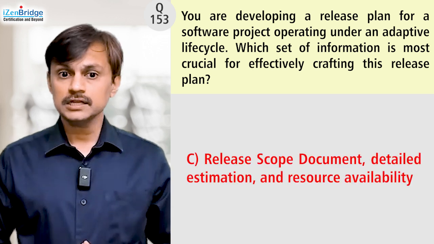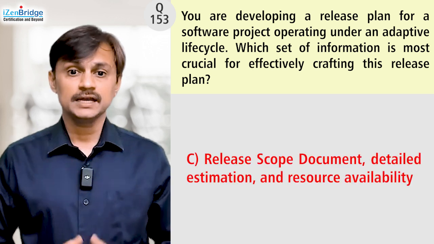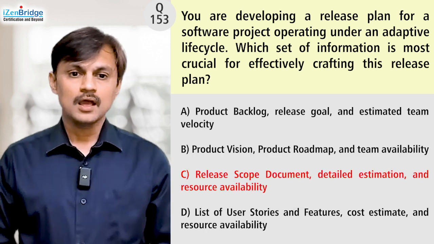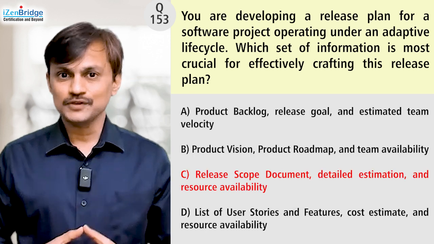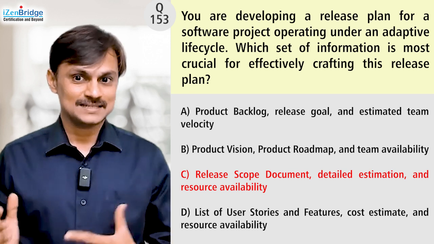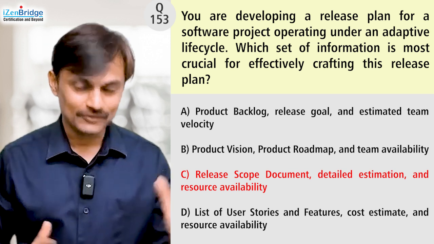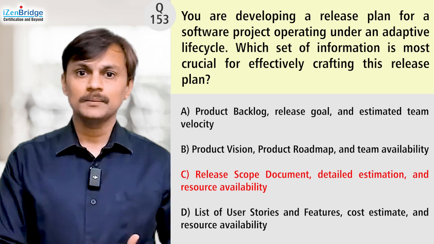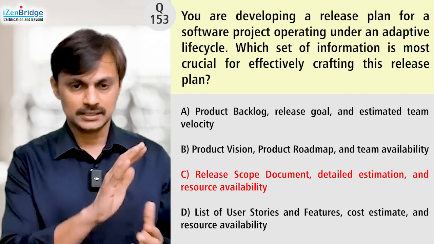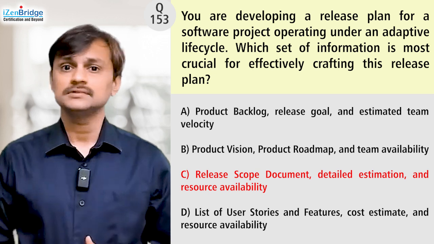Option C: release scope document, detailed estimation, and resource availability. First, we don't necessarily have a release scope document. That is something showing non-adaptive work. We can have a release goal, but not necessarily a very detailed release scope document. That's a little error. Detailed estimation, definitely we don't want.